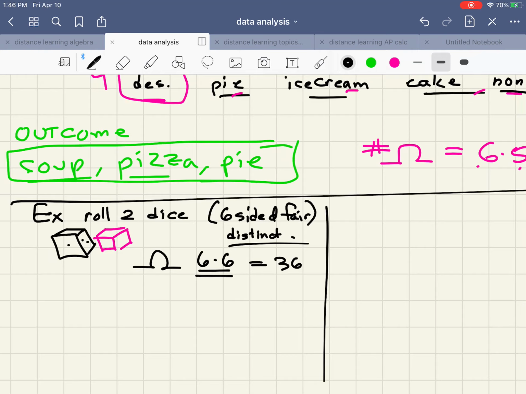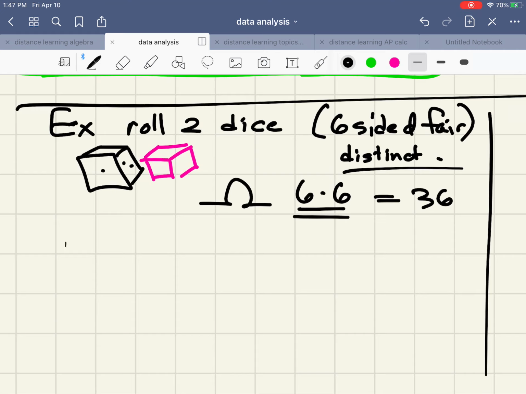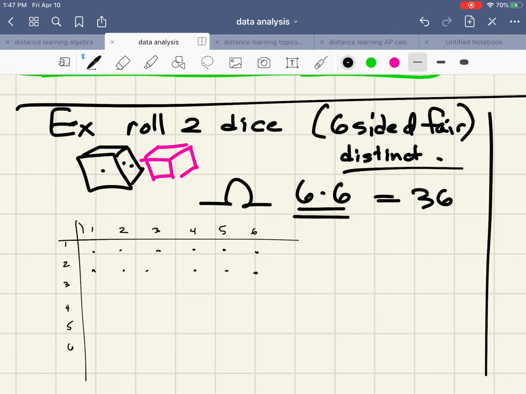Now, I really like to see all those options, so I've come up with a nice graphic organizer for this, and it looks kind of like this. So we do 1, 2, 3, 4, 5, 6, and 1, 2, 3, 4, 5, and 6. I make basically a grid, and I put a dot, and each of those dots represents an outcome.